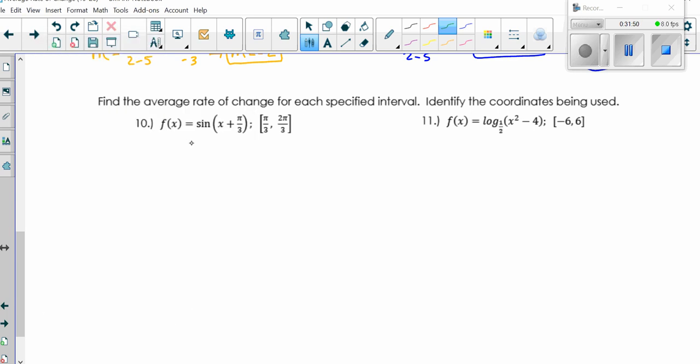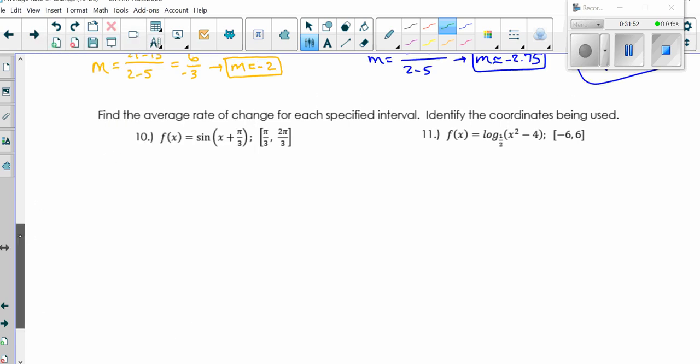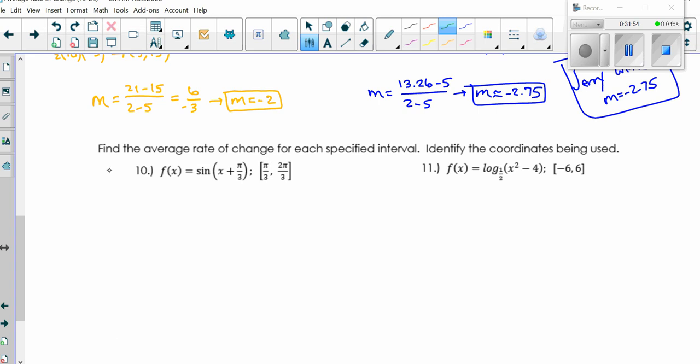All right. So let's see, with this trig one, we need to substitute in, and we're actually going to have to add a little bit. So I'm going to say sine. When I substitute this into here, it's going to be pi over 3 plus pi over 3. That means that it's going to be sine of 2 pi over 3.